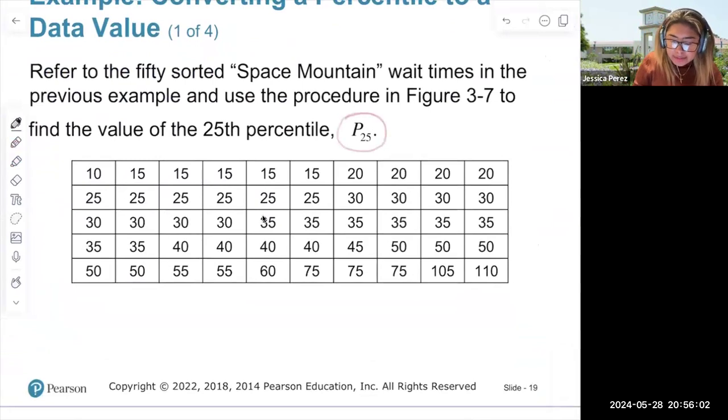To find P25, we're looking at the 25th percentile. We want to find the value, so we first want the location.